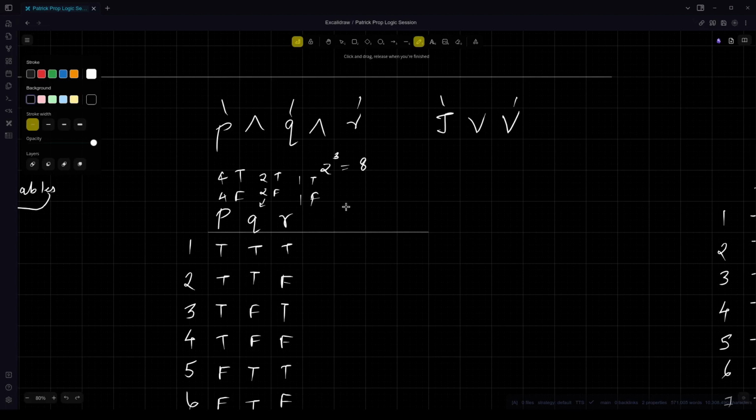What you can do is one column for P and Q. And then you can do a P and Q and R. So this will be one column, and this entire thing will be one column.